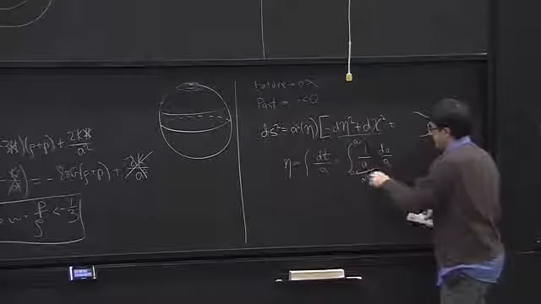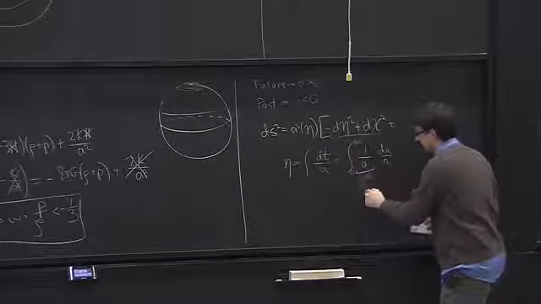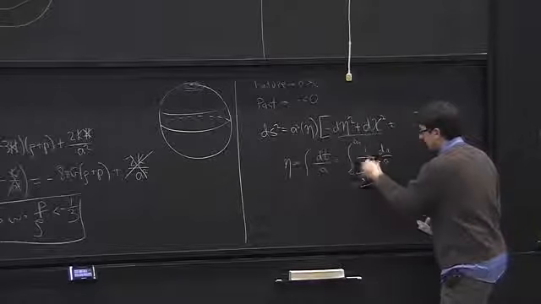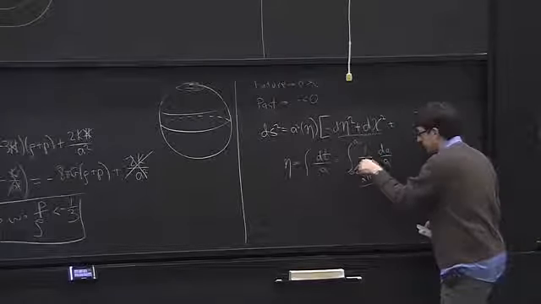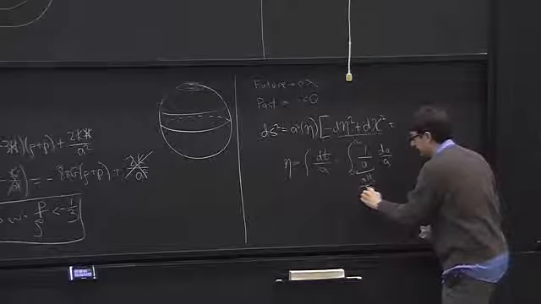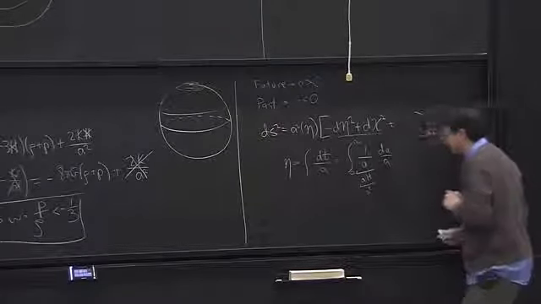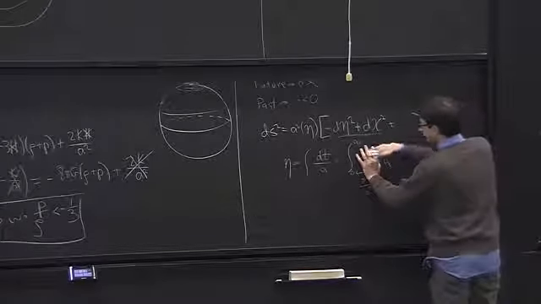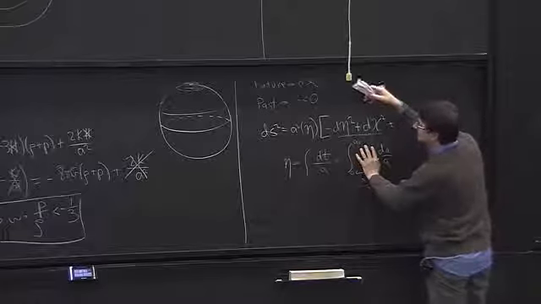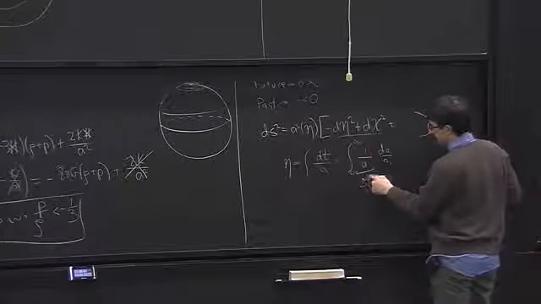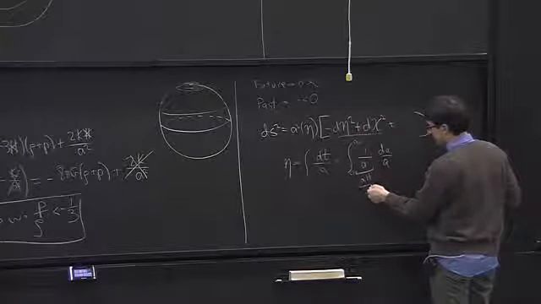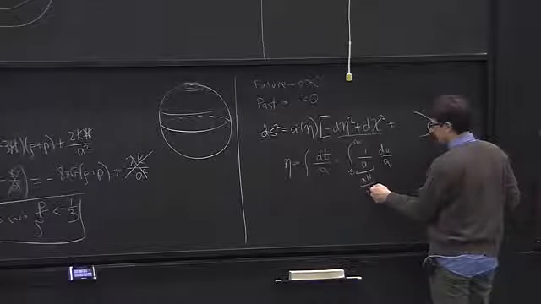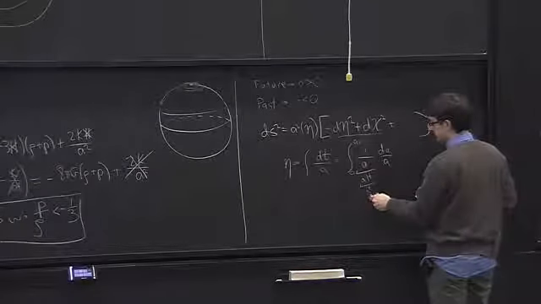But if this guy goes to 0 at the origin as a goes to 0, if the co-moving Hubble radius shrinks to 0 as any positive power of a, that'll be enough to make this integral converge. So that's the statement that if the co-moving Hubble radius is growing as a positive power of a, that's saying that the universe is decelerating.